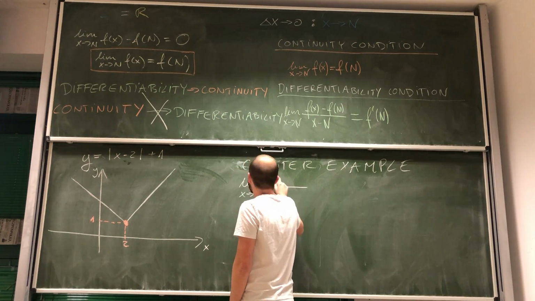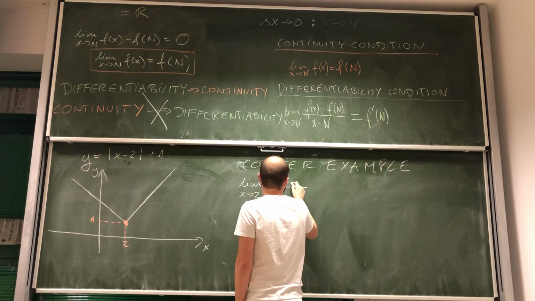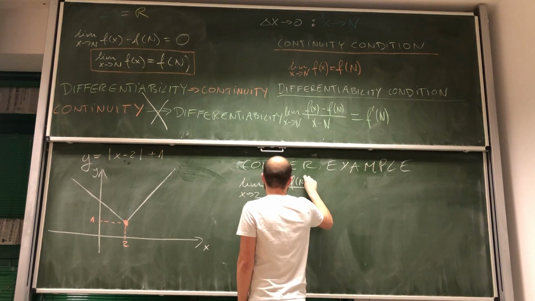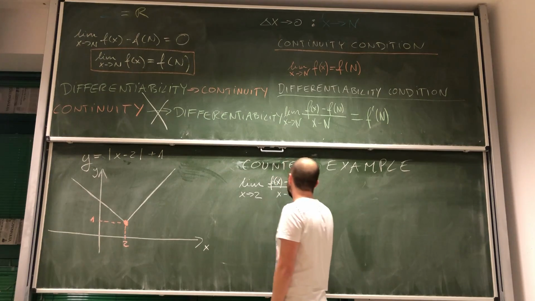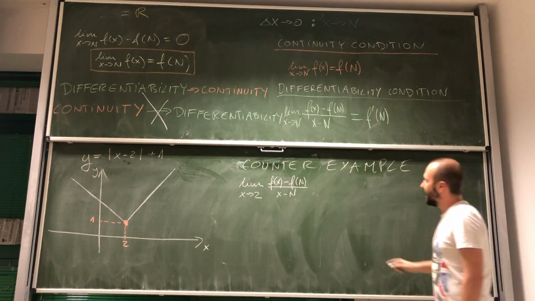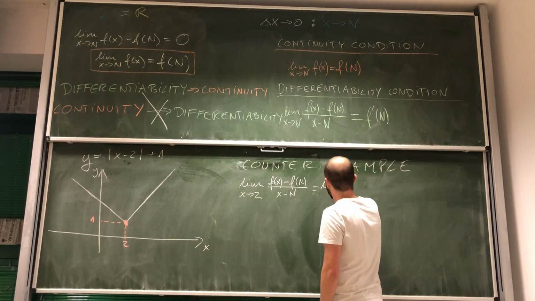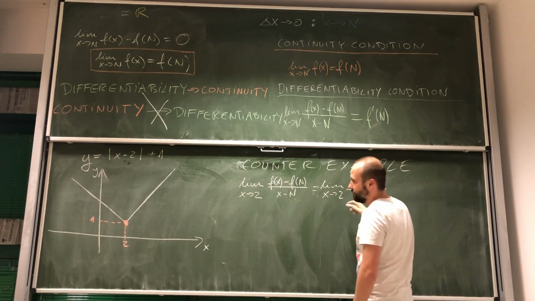Okay, so what will we have over here? Here we're going to have f of x minus f of n over x minus n. And now let's substitute. What is going to be our n? Well, our n is going to be 2, right?